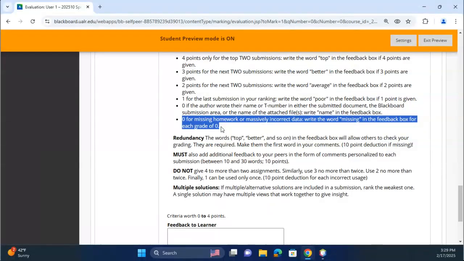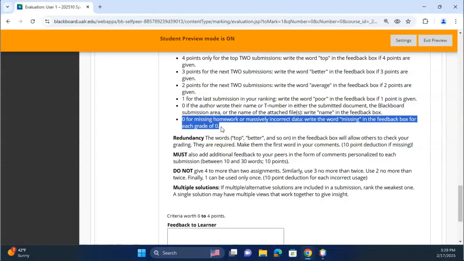So 0 is kind of exceptional. Sometimes I have people who take it very seriously and give a bunch of zeros to everyone. But it's an exceptional thing. Like I said, last year's homework, or they turned in, by mistake, the wrong file and they have the homework for history of humanity in there.